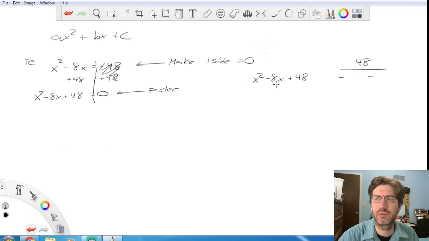4 and 12, negative 4 and 12. Yeah, but they both have to be positive because that's a positive 48. Unless I made a typo and I wanted this to be a positive 48, but when you bring it over, it becomes positive. And negative 12 times 4 equals negative 48.